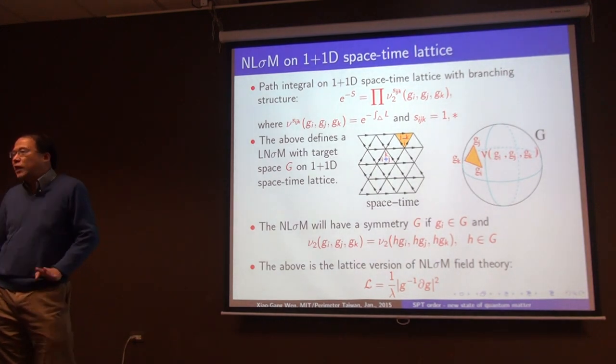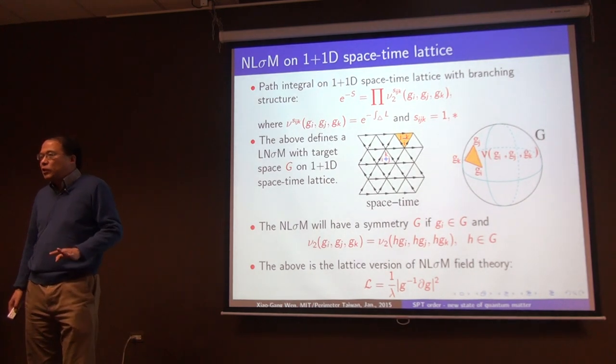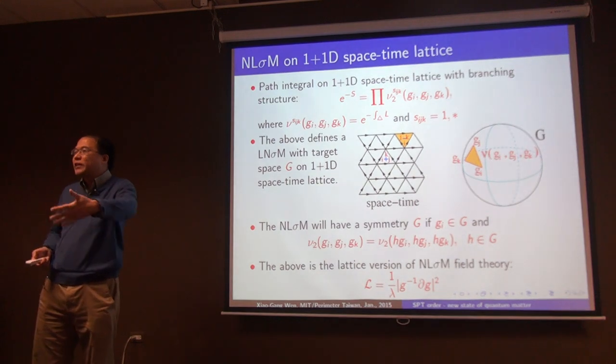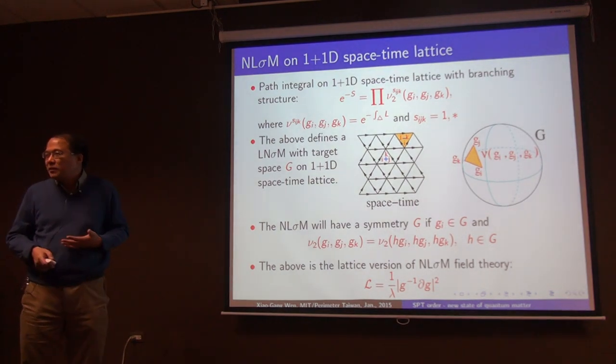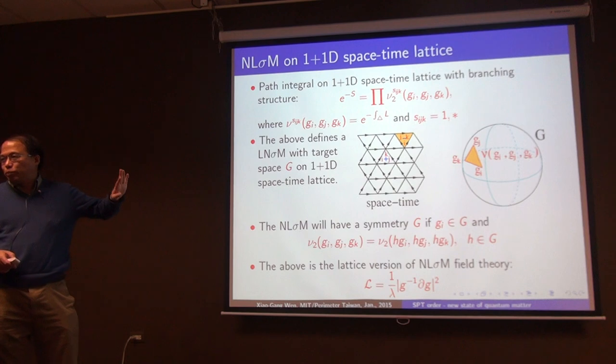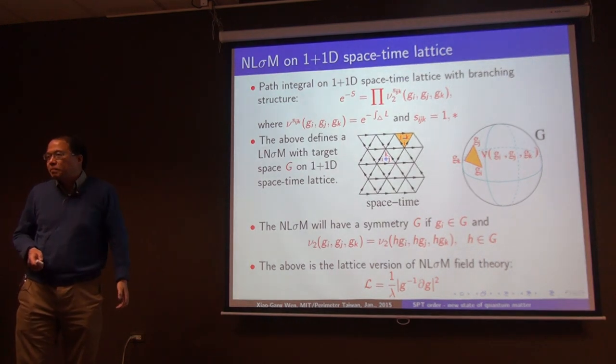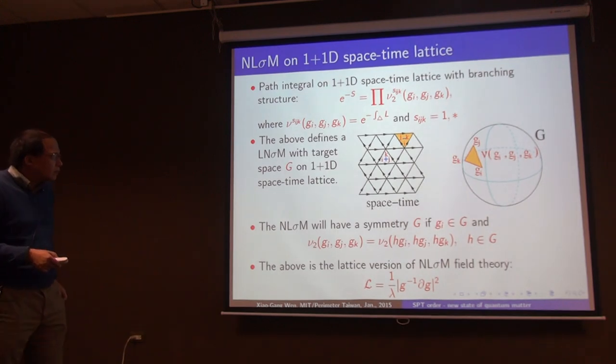But here we do not do that. If we do not do that, that means we have a fixed background space-time. So we are still doing condensed matter physics rather than quantum gravity. But there is a way to promote this formulation to quantum gravity.